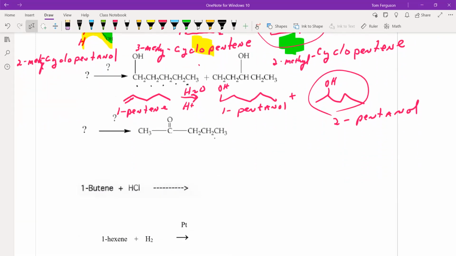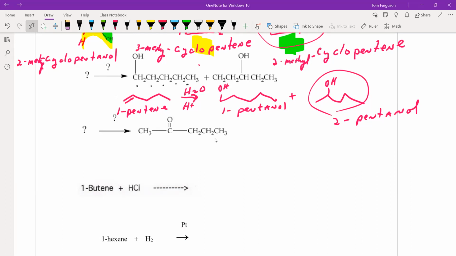Okay, so the next one down, we have a ketone. Ketones are made at the very bottom. And what do ketones need to be made? Oxidation of what? That's right, oxidation of a secondary alcohol. All right. So the secondary alcohols are the ones in the middle, like ketones are in the middle.